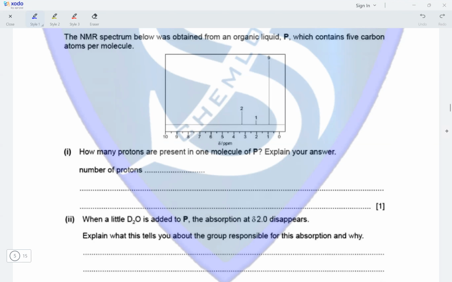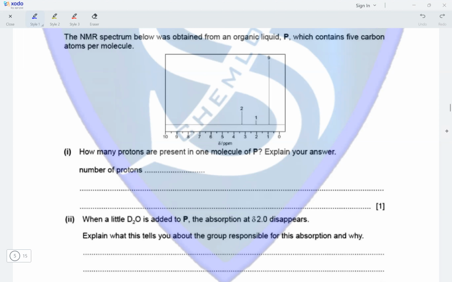That means either it is present next to the functional group or it is present next to a carbon atom without any hydrogen on it. The next peak is at around 2 ppm, and it is a singlet again with 1 hydrogen atom in that environment. And the third peak lies between 3 and 3.5 with 2 hydrogen atoms in the environment, and it is also a singlet. So, how many protons are present in one molecule of P, and explain your answer?